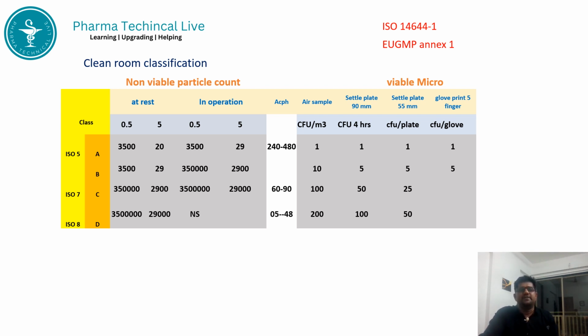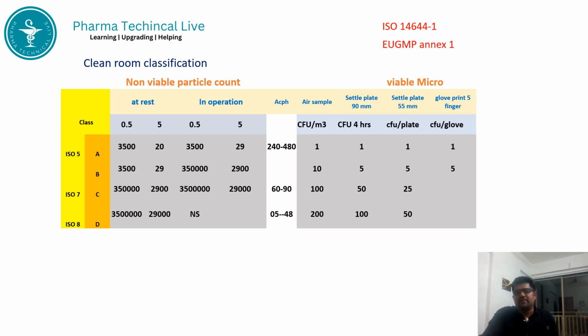There are certain limits for non-viable and viable microbial count, which we have to demonstrate through validation studies, like ISO 5, 7, 8. ISO 8 is used for oral solids, then it's class D. Class A is for aseptic, and there are limits for 0.5 micron and 5 micron mentioned here. We can go to the official publications and get updates on this.